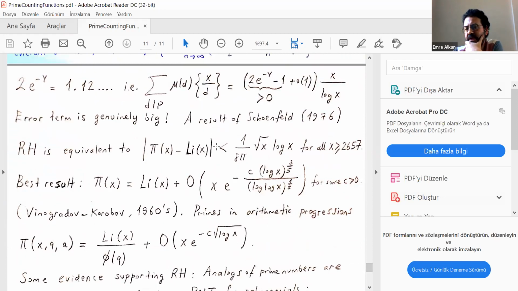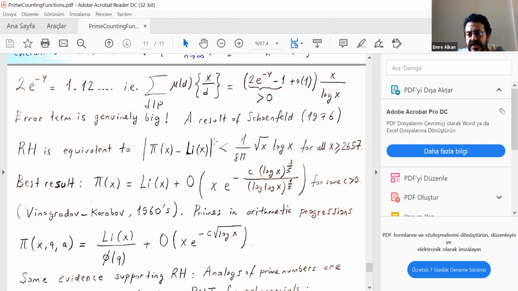Now, what are we doing nowadays? I just chose a result from 1976. Now, the Riemann hypothesis, the famous statement that all the critical zeros of the Riemann zeta function have real part equal to 1/2, is simply a statement about the error in the approximation of pi of x by Li of x. So the Riemann hypothesis is equivalent to this statement.